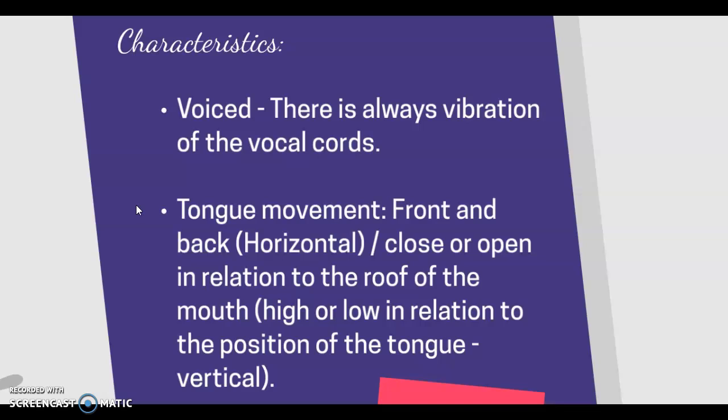So your tongue in a horizontal way can move from the front to the back, and in a vertical way it can move in relation to the roof of the mouth, close to the roof of the mouth, or open, that means far away, or high or low, okay, in relation to the position of the tongue.